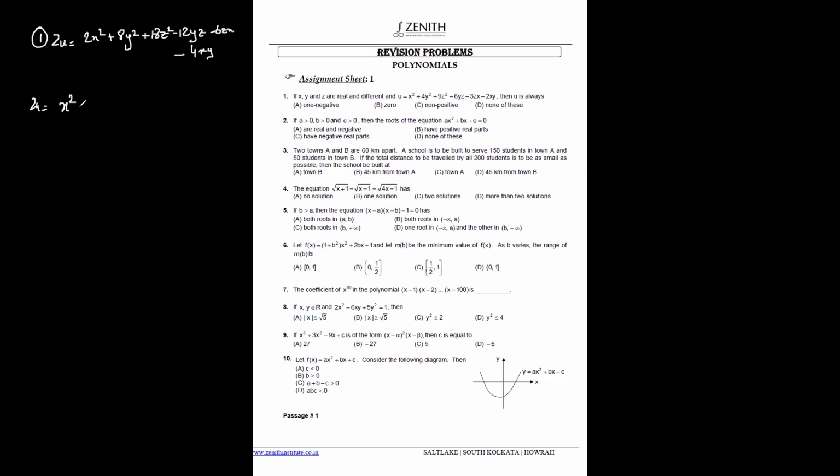2u equals to, we take our x square plus we take 4y square and a minus 4xy. We club the terms in this form plus, then we take the remaining x square plus 9z square and a minus 6zx and a plus we take the remaining 4y square with the remaining 9z square and 12yz.